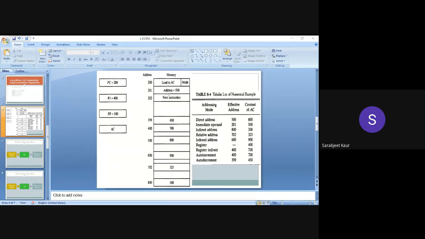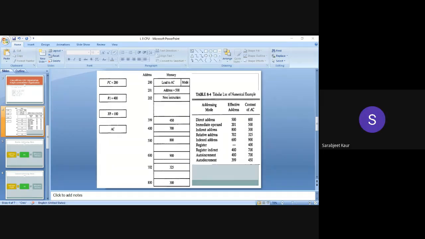Another way is to have a special addressing mode reserved for this. Then automatically the address field is added to the PC, and what happens when we add something to the PC? We skip that many instructions, and we get a new effective address. Is this clear?